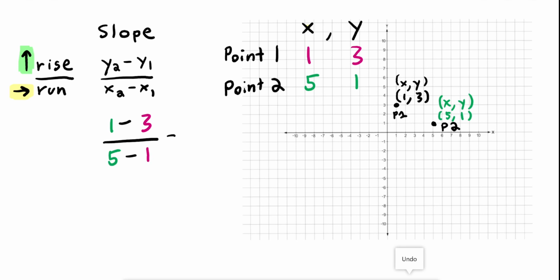Now all I have to do is go ahead and subtract. 1 minus 3 is negative 2, and 5 minus 1 is 4. Ah, look at that. We have another slope that's negative 2 over 4. And I can simplify that to negative 1 over 2. And that's how you find the slope.